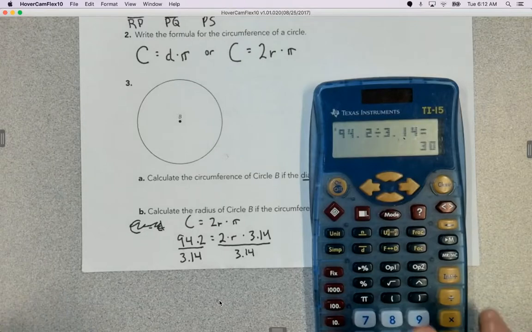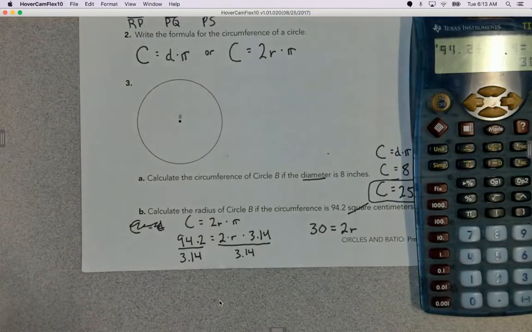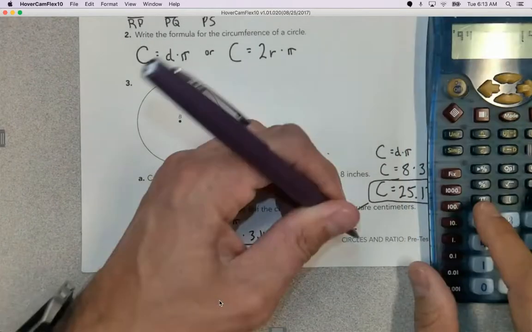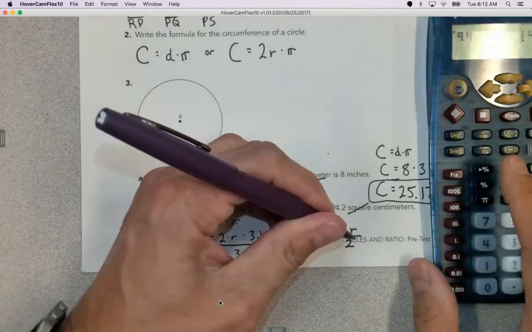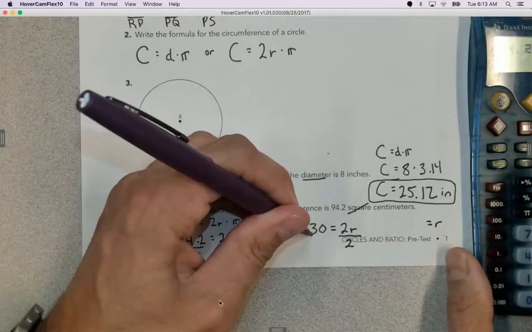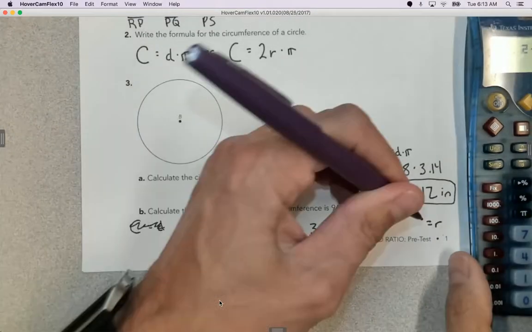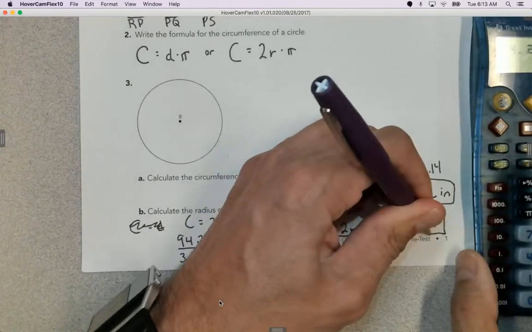And that gives me 30, or the diameter is 30. And so now I have to isolate the radius. So I divide the right side by 2, because 2 divided by 2 is just going to be my radius. And then I divide the left side by 2. And my radius is going to be equal to 15 centimeters. Should be the correct answer right there.